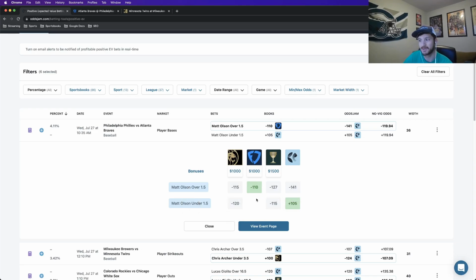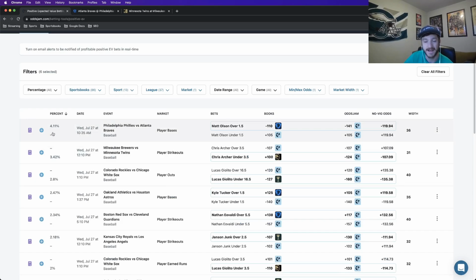FanDuel only prices the over, but for a player prop the juice is a little bit higher, so we could guess the under is minus 120, minus 125, something like that. That makes it seem like the under is the more likely scenario, but the other books, Caesars and OddsJam, see the over as more likely.